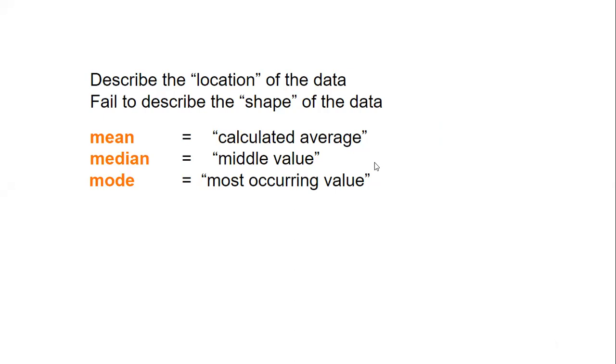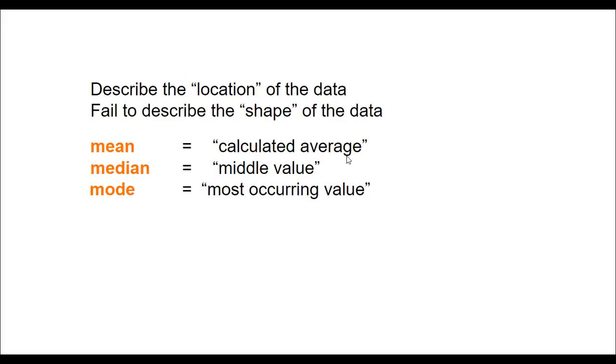Okay, so here you can see the mean, median, and mode. The mean is the calculated average, the median is the middle value, and the mode is the most frequent value of the data. So it describes the location of the data. Central tendency describes the location of the data, but it fails to describe the shape of the data.